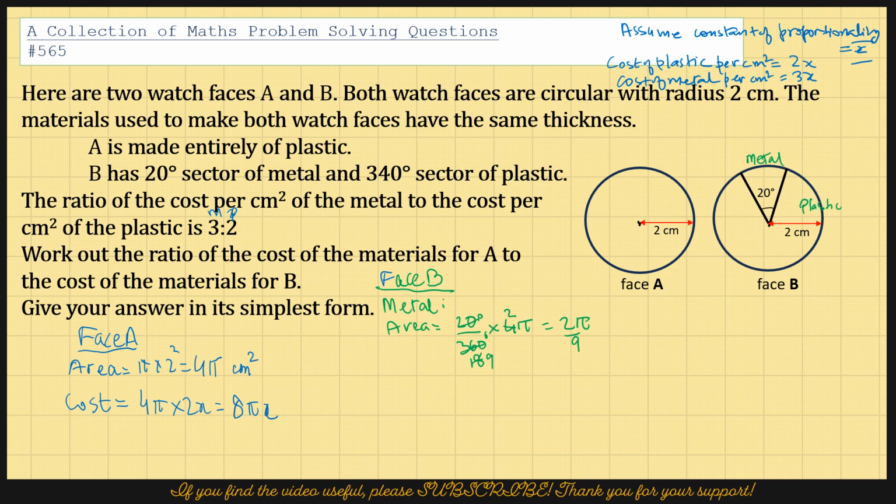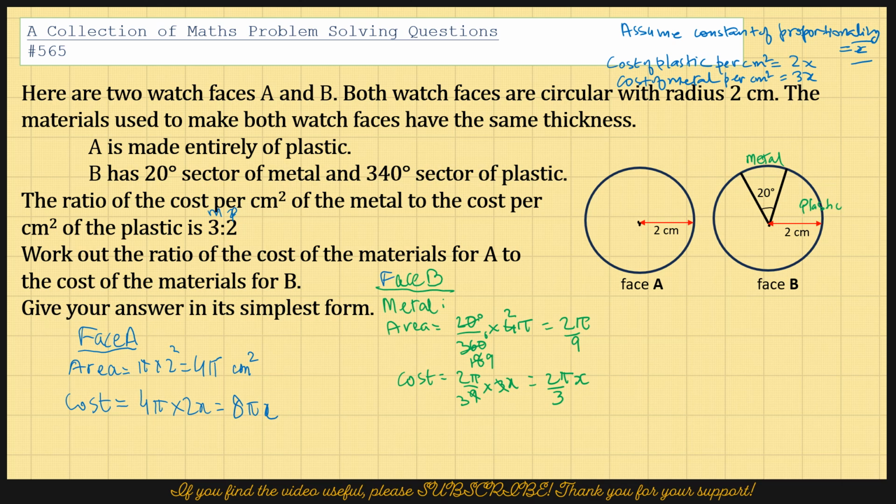Therefore the cost would be 2 pi out of 9 times the cost of the metal, which is 3x. The 3s cancel, and I'm left with 2 pi out of 3 x. That's the cost of the metal bit.